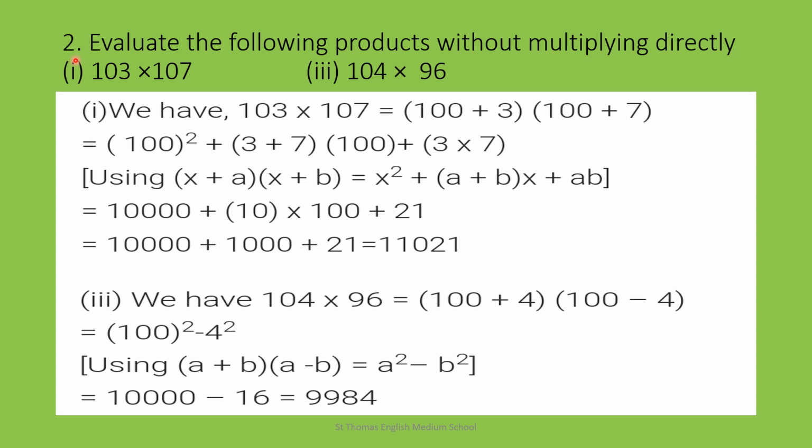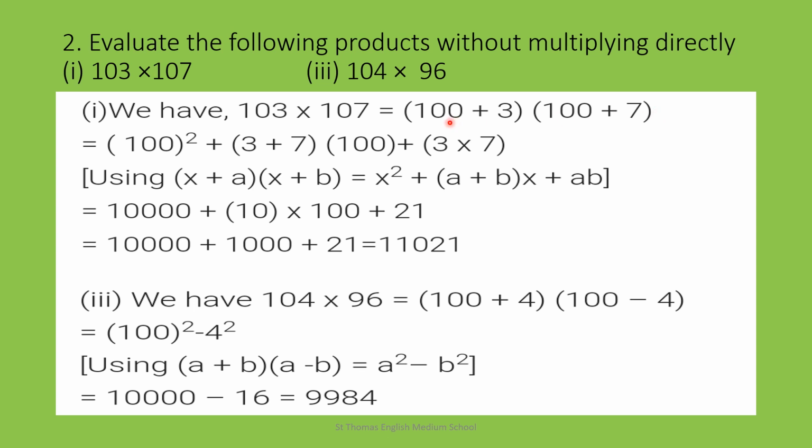Question number 2. Evaluate the following products without multiplying directly. In that question number 1, 103 multiplied by 107. You can write 103 as 100 plus 3 and 107 as 100 plus 7.